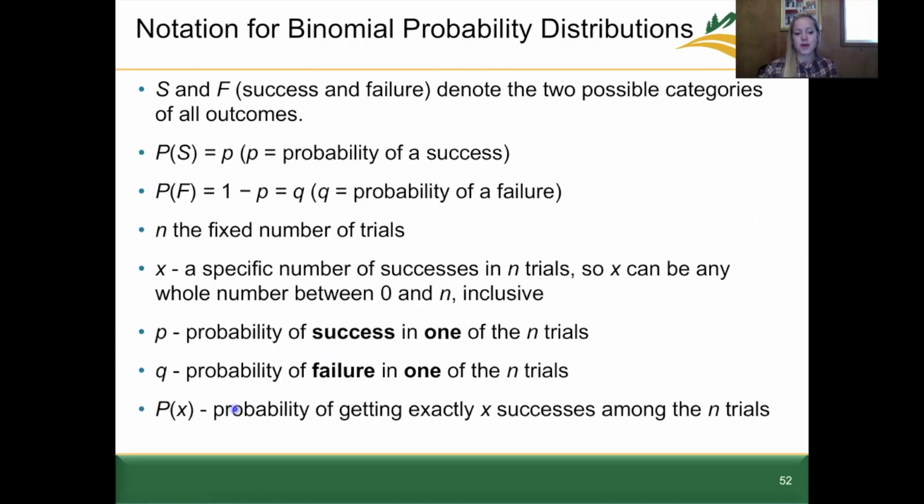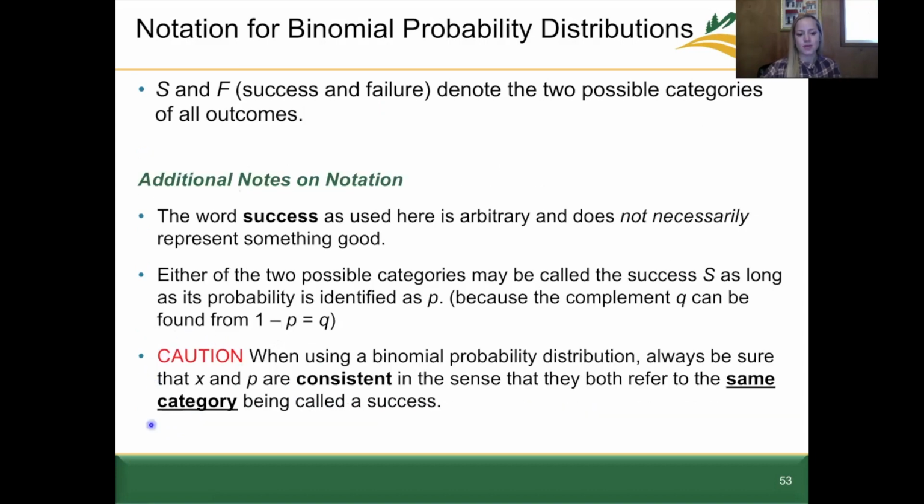Because when we go back to this notation on the last slide, the probability of x is the probability of getting exactly x number of successes. So whatever we're calling a success here needs to be aligned with x. It also needs to be aligned with p. Okay, so that's what's meant by this third bullet point here.